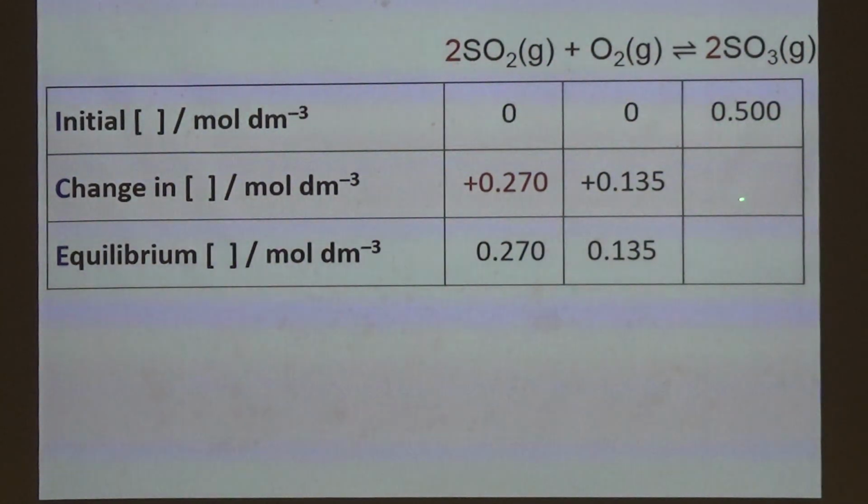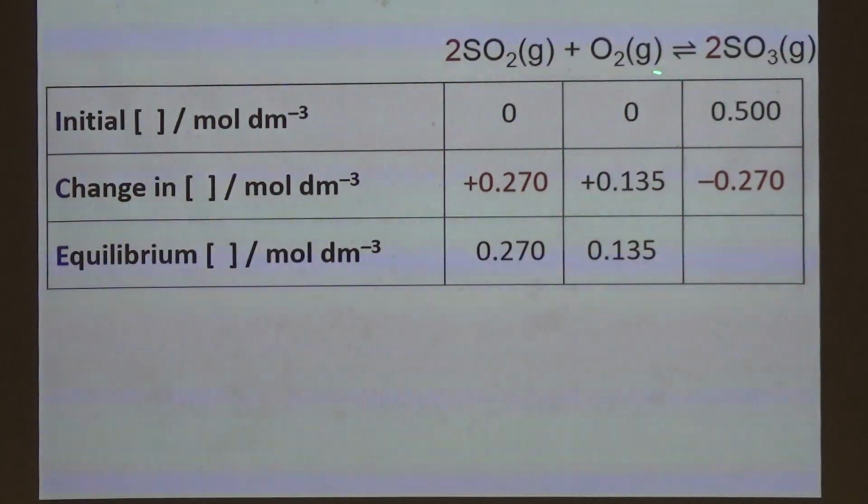And what must be the change in concentration of SO3? It must be minus 0.270. Because remember, you can calculate your Q, and it must be much larger than Kc. So the backward reaction will be favored.